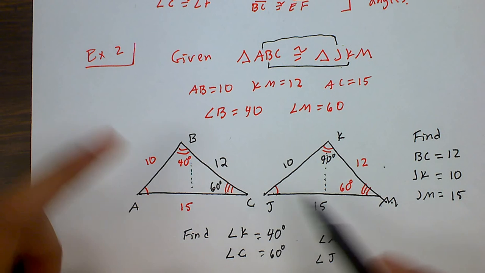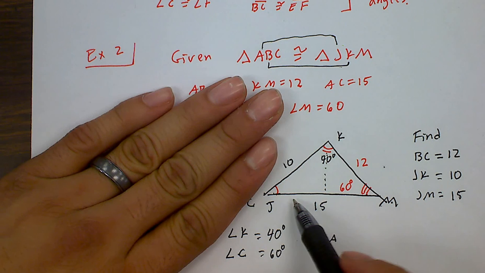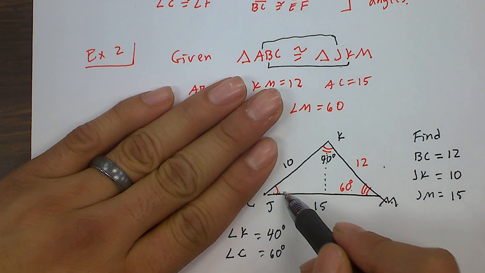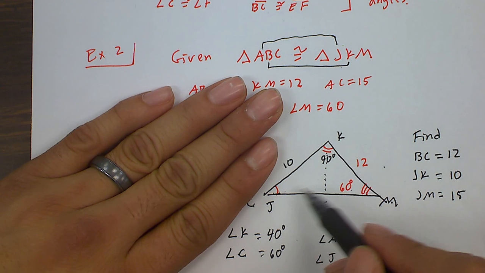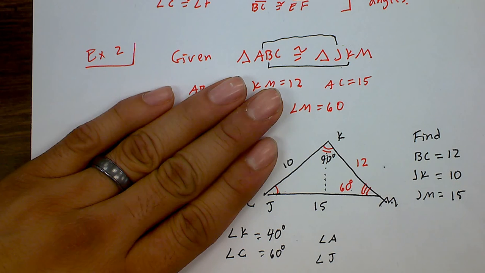Well, let's just look at one triangle at a time. If I look at that one, we have 2 angles. We're missing that third one. The way to find it is you add these 2 and then subtract from 180. Why?